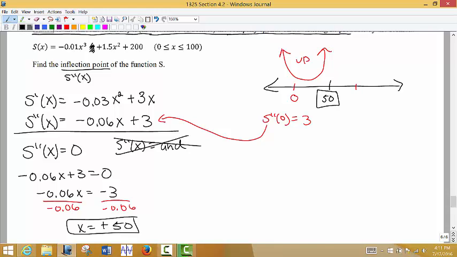And then to the right, let's choose 51. Second derivative, plug in a 51. I end up getting something that is negative. So plug that in: negative 0.06 times 51, and then add 3.